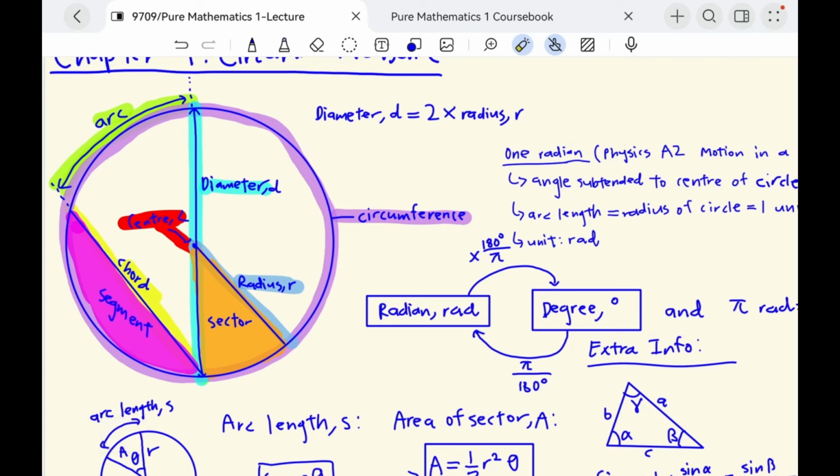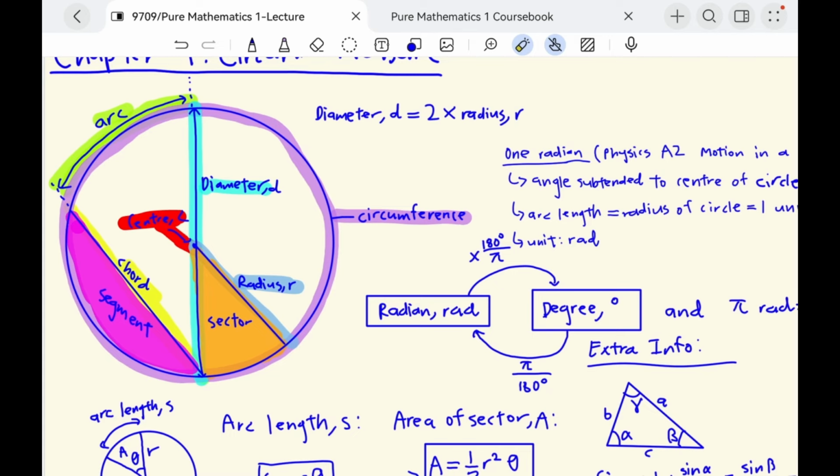So first, given a circle, for the curvature of the circle, a part of it we can call an arc. Its perimeter we call the arc length.